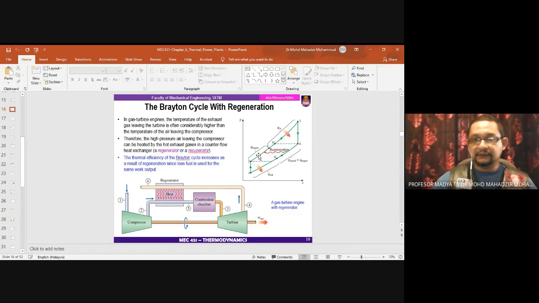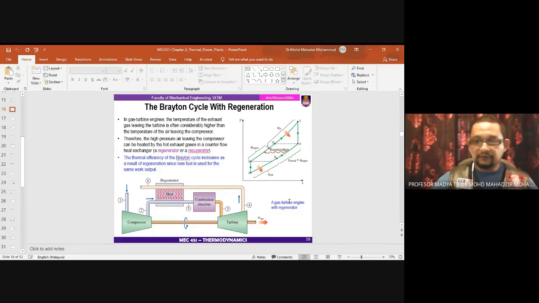And this is regeneration. What is meant by regeneration is that the hot air from the turbine will transfer back to the inlet air going to the combustion chamber. So the air will be heated by itself and then come to the combustion chamber. Okay, that is the concept of how this Brayton cycle works with regeneration.